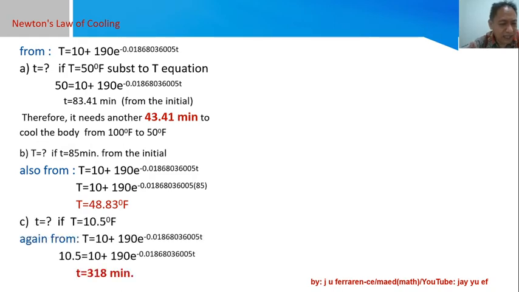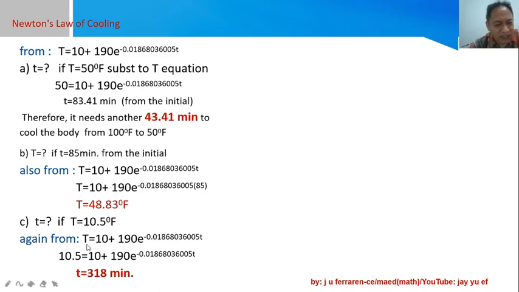In letter C, okay, what is the time needed if the body temperature is within half degree of the air temperature? So the body cools down, influenced by the surrounding temperature, with a difference of 0.5 degree in the air temperature, so the body temperature can be 10.5 in that case.